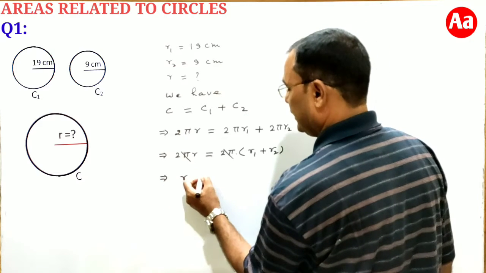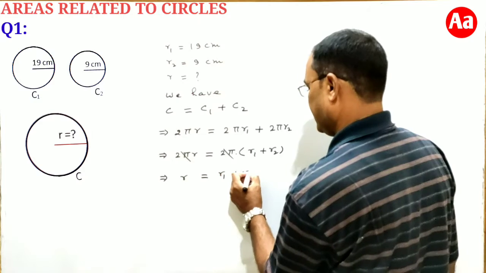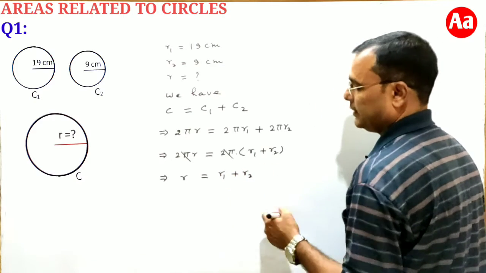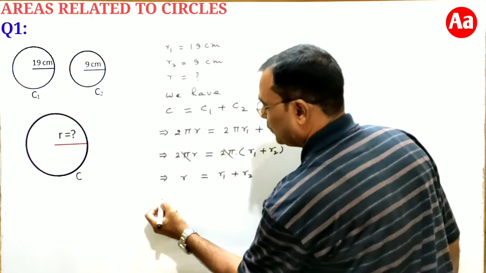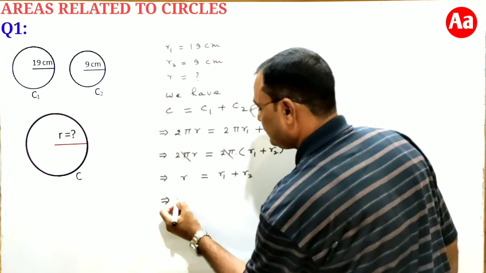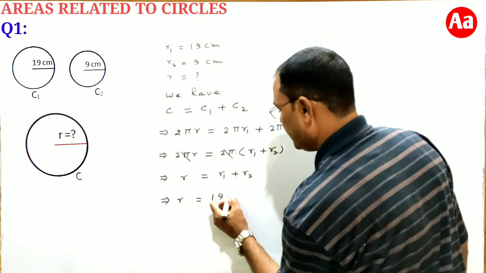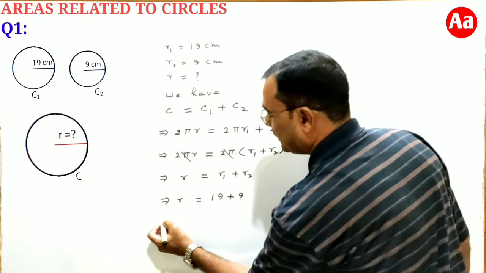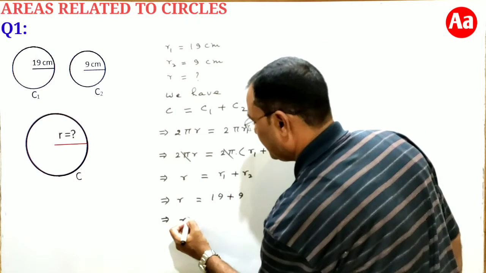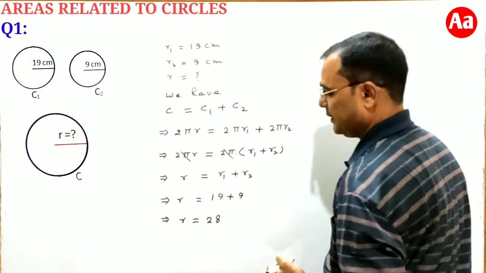So r is equal to r1 plus r2. We have got this result. Now putting the values of r1 and r2, we get r is equal to 19 plus 9. So r is equal to 28 centimeter.